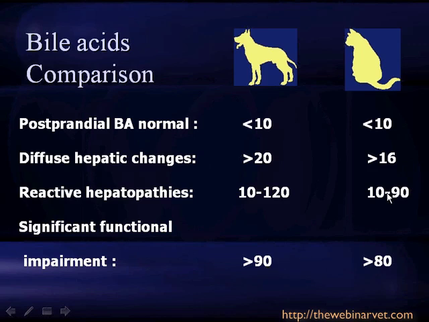With cats, things tend to be a little bit lower, so up to about 90 would be about as high as a reactive hepatopathy would go. But again, we'd still see cats with shunts that have postprandial bile acids in the 80s and up. So they can help us, and we need some kind of guidelines to be able to differentiate those possibilities.